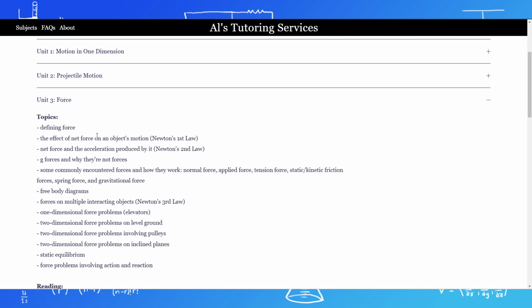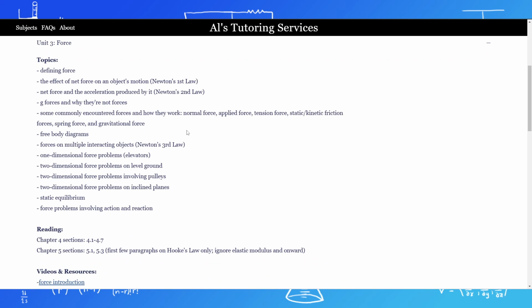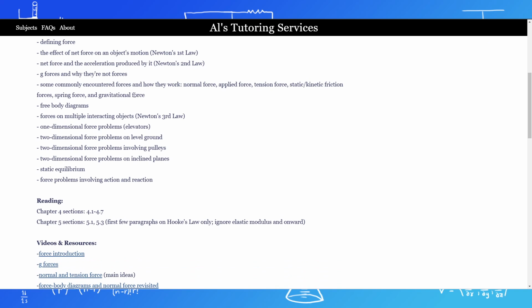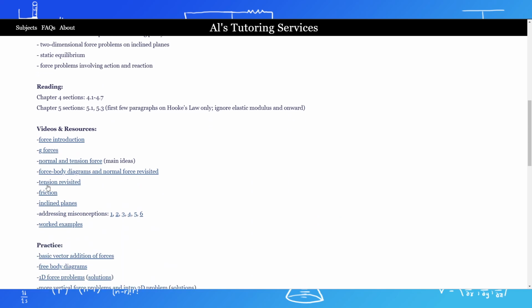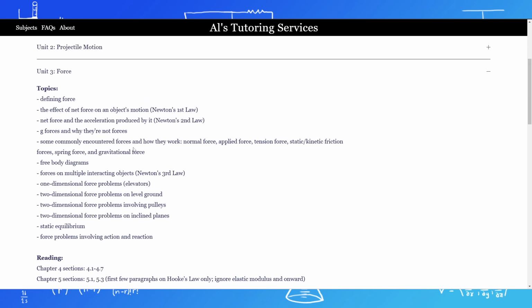Yeah, we're going to go over the definition of force, and we're probably going to discuss Newton's first law, and maybe we'll reach Newton's second law as well. Actually, I don't think we'd be able to do much before Newton's second law anyway. Discussion of g-forces, I don't think I'm going to discuss that too much, if at all. There are some videos going over that stuff. You should be able to understand the ideas from there.